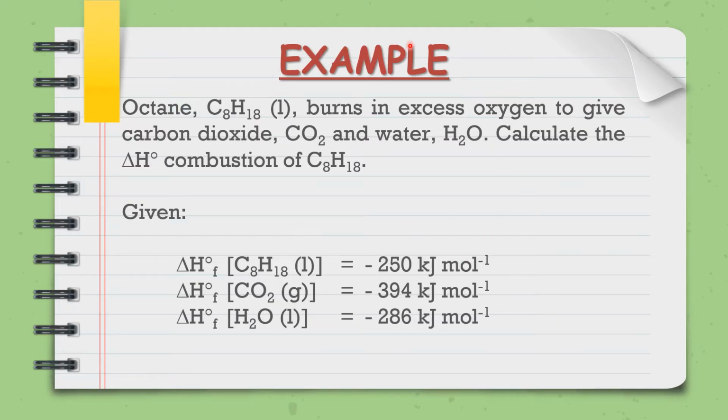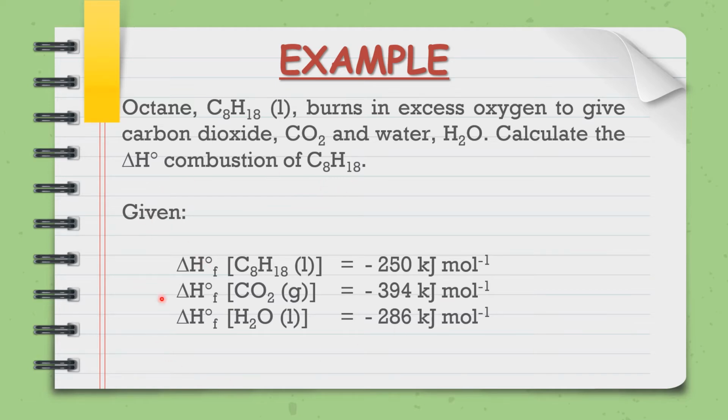So this is the example question. Octane C8H18 liquid burns in excess oxygen to give carbon dioxide and water. Calculate the delta H combustion of C8H18. Delta H naught combustion. So we want to find the standard enthalpy of combustion of C8H18.